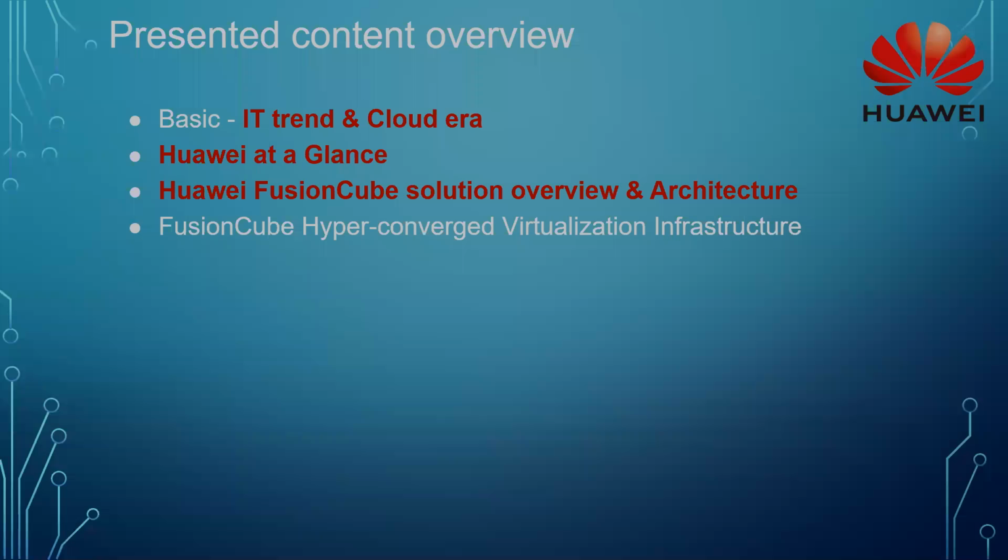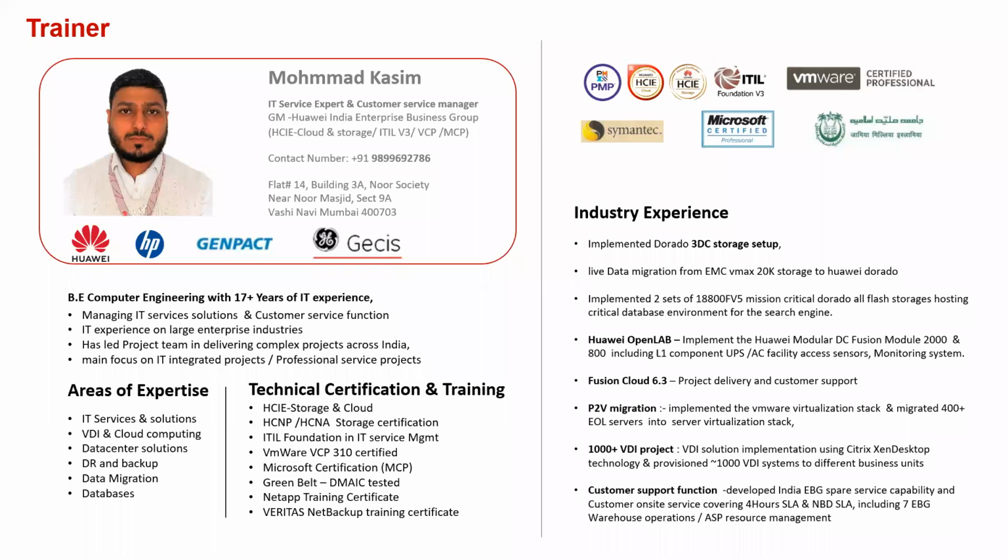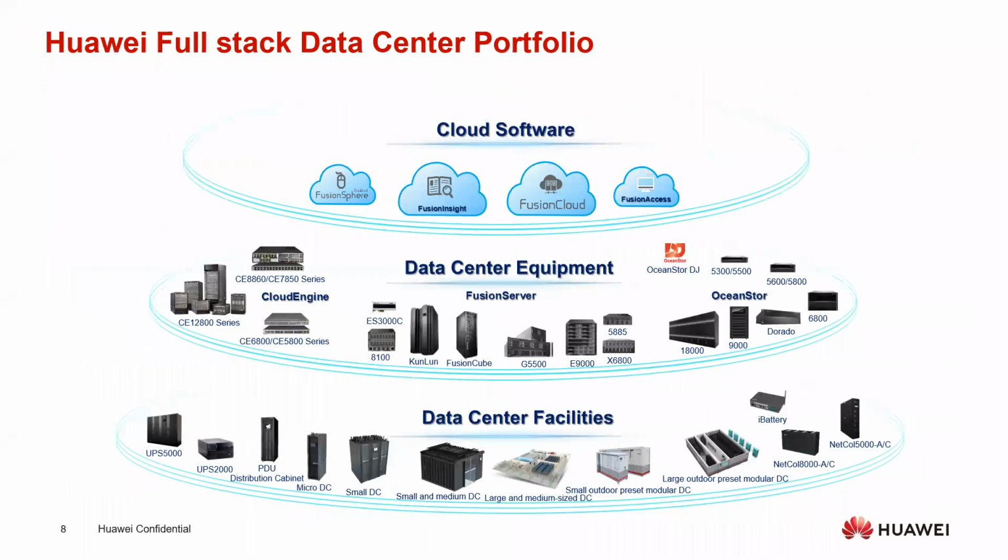Okay, so let's start. I already introduced myself. The first part: for the people who are new to Huawei, let me give you some small background. Huawei is the principal OEM.